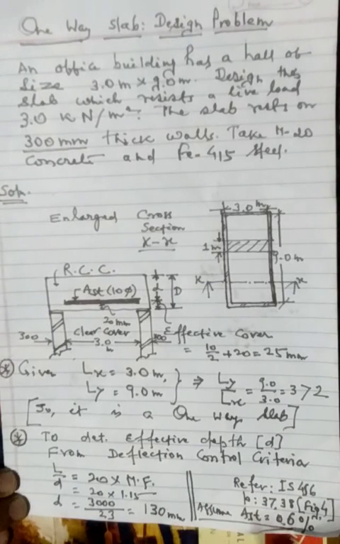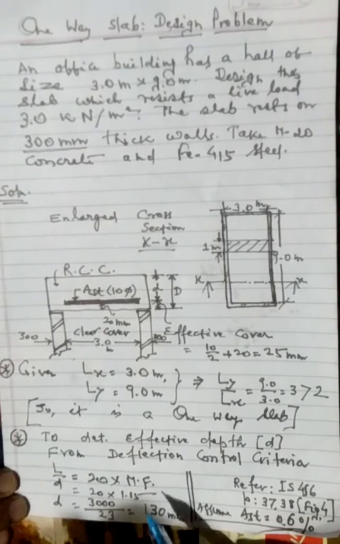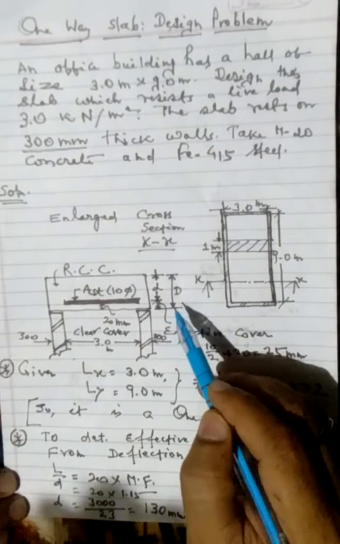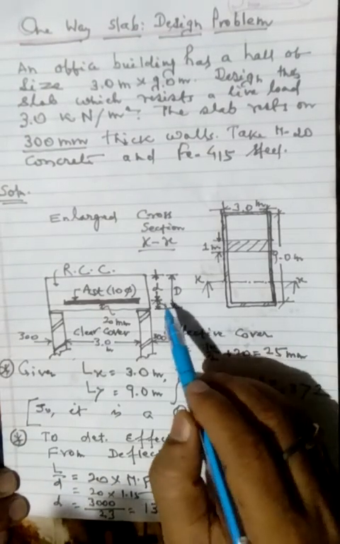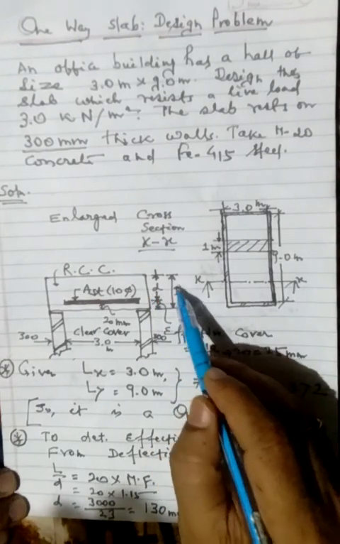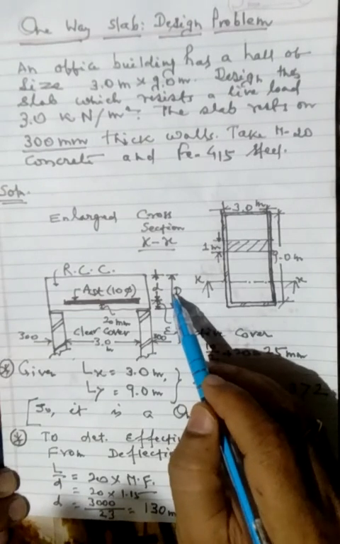In addition, now we want to calculate the overall depth of the slab. So it is very important to understand here, in case of slab, what is the effective depth small d and capital D, that is overall depth.